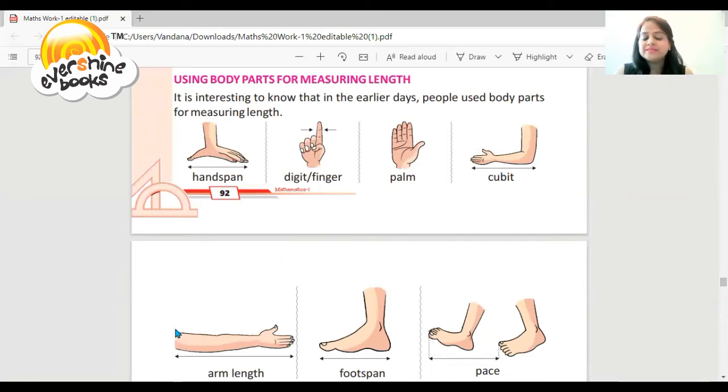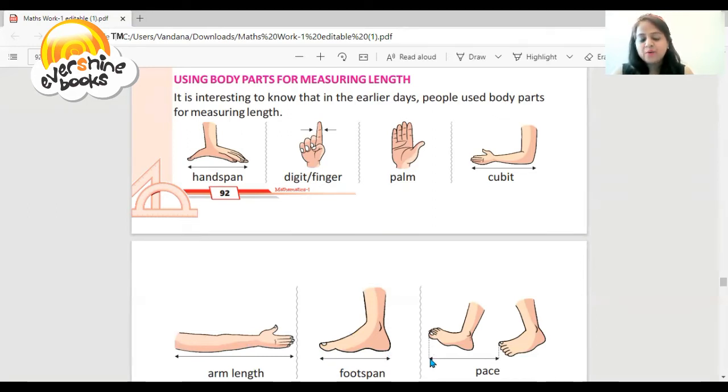This is arm length. By using this arm length, we measure things. This is your foot span, and by this foot span we measure things. Students, this is the first toe, and this is the ankle. The difference between the toe and the ankle is called foot span.